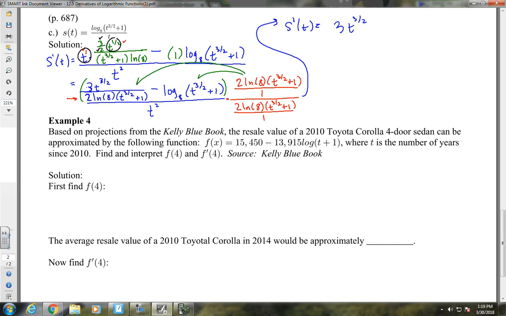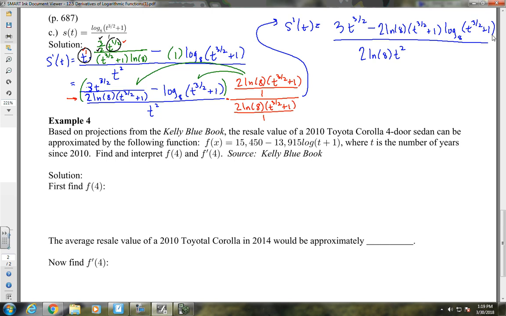Now, when I multiply it by the second term, that log base 8, we're just going to get a mess of a term here. I'll put this one first because it has more detail, times log base 8 of t to the 3/2 plus 1. And then in the denominator, we'll just glue all this stuff together. 2 natural log of 8 t squared.